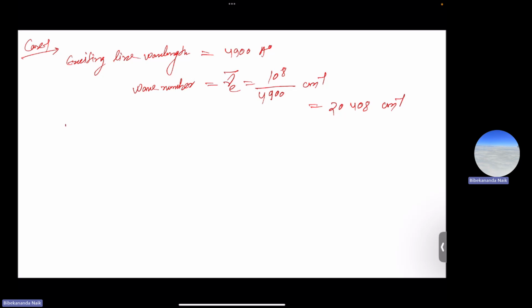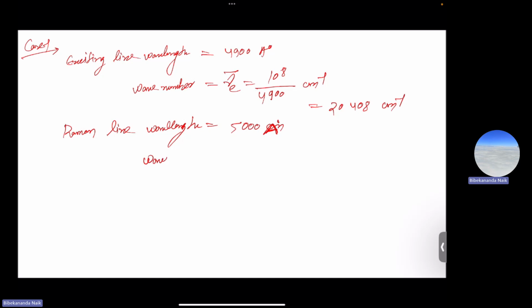Now the Raman line wavelength is 5000 centimeter, sorry, 5000 Angstrom.